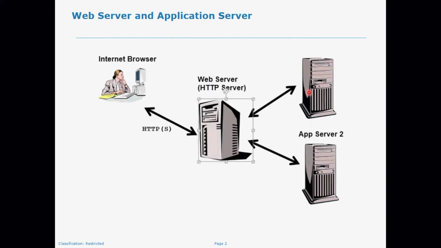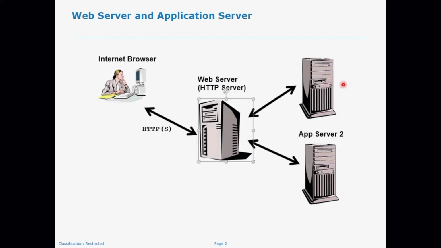So basically, a web server is a server that hosts the logic required for interacting with the client, whereas your application server is the server that hosts the application that has your business logic, and it interacts with the web server, and it also interacts with the database in the backend.